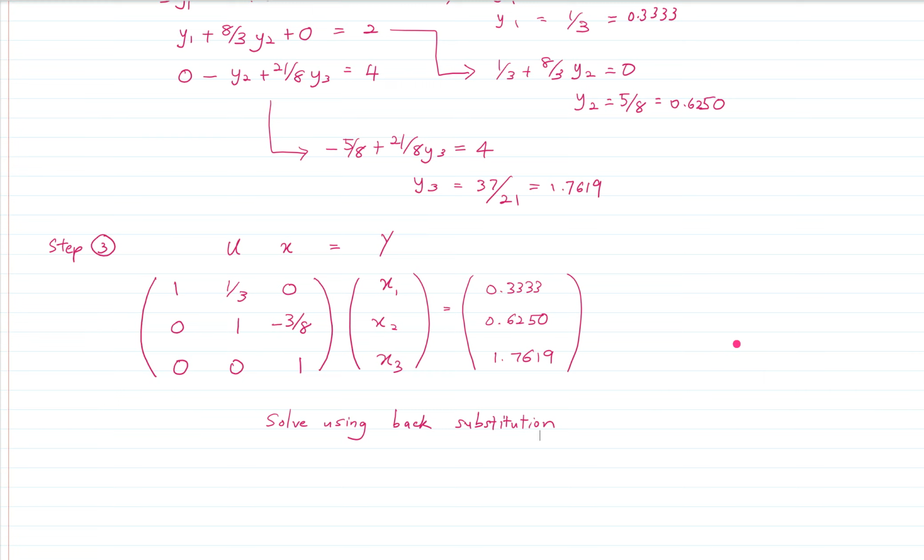At the end, you should get X equals: X1 is minus 0.0952, X2 is 1.2857, X3 is 1.7619.